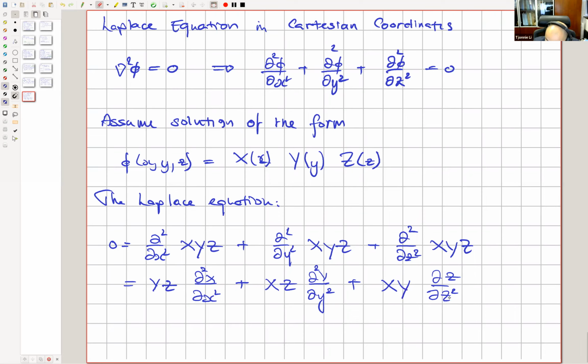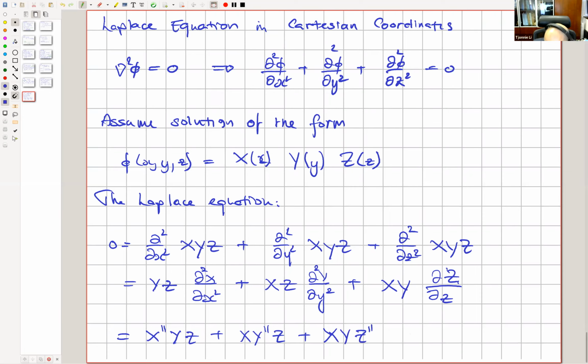Z is very difficult to make the distinction between small caps and big caps. Add a little bit of serif to it, just so that people can see the difference. Okay. And now I can make this a little bit easier to read. So this is X prime prime Y Z plus X Y prime prime Z plus X Y Z prime prime.